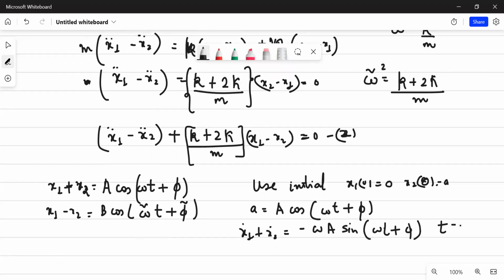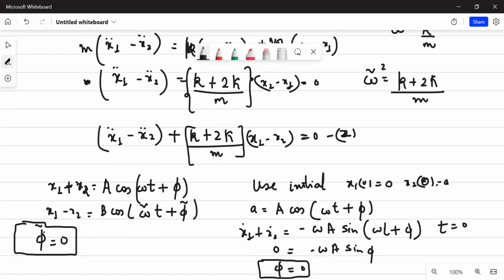If I replace t equal to 0, I will get 0 is equal to minus omega A sine phi, and from here phi I'll get as 0. Similarly, phi tilde will also come out as 0. If phi is 0, at t equal to 0 cos will be 1, so capital A would be small a.